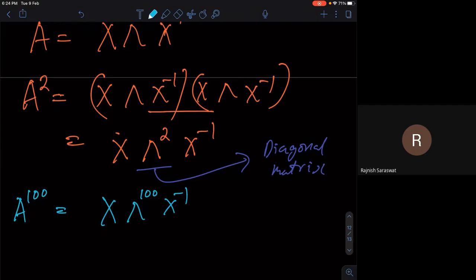So the direct method takes something like 100 n cube, because any matrix multiplication is n cube, and you have to do it 100 times. Maybe 99 n cube, but let's keep it 100 n cube. On the right, how many multiplications are required?